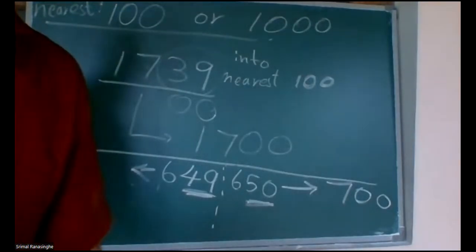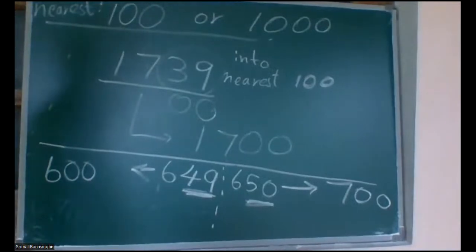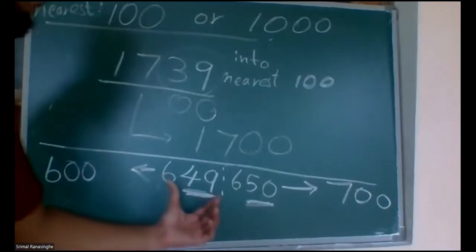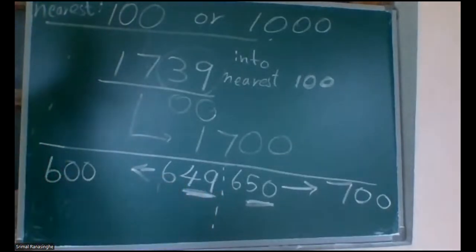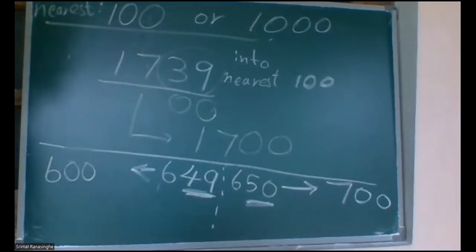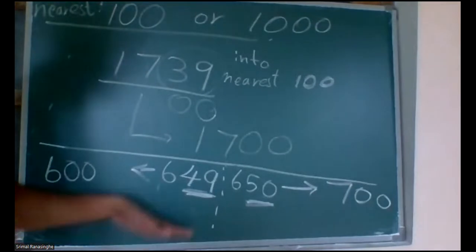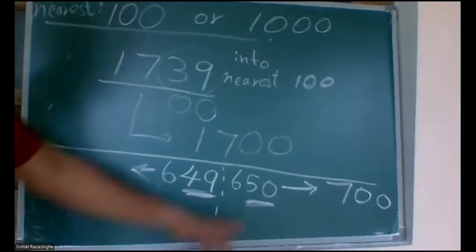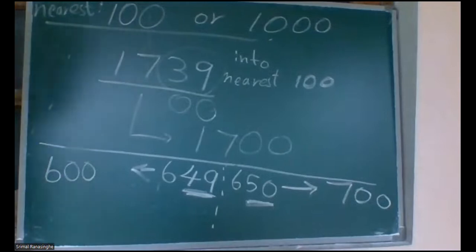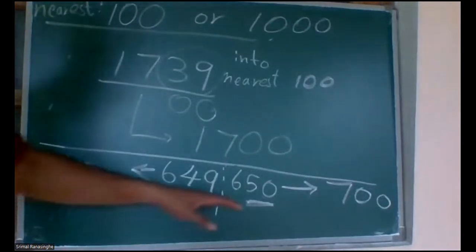Write down under that line, because the two margins of nearest 100 are 49 and 50.